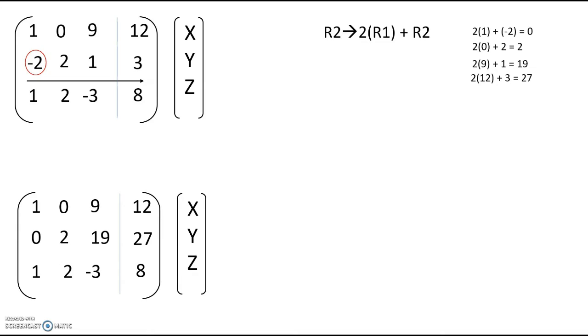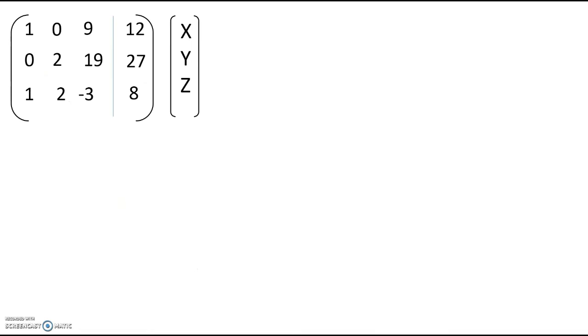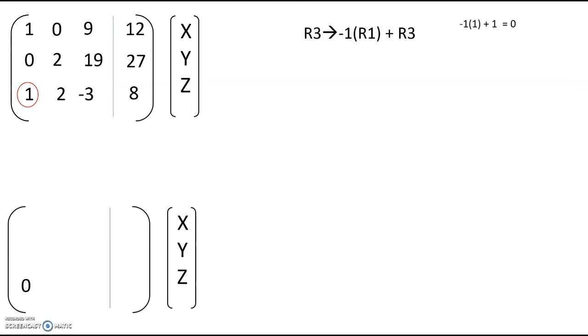In order to complete the column 1, we need to solve row 3 here. So I'm going to multiply negative 1 with row 1 and add with row 3. So it will be like this. Negative 1 times 1 and then plus 1 is equals to 0. Write down there. Same thing goes for the whole row.